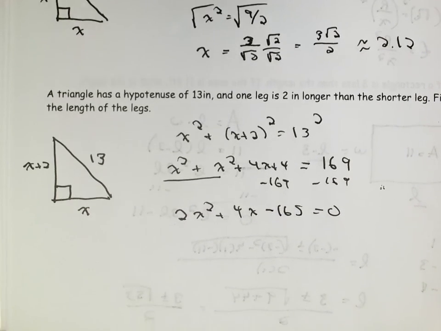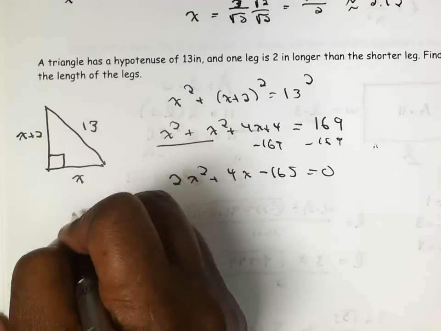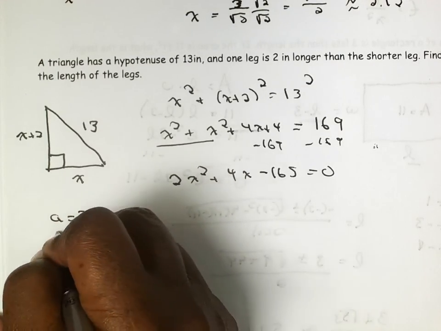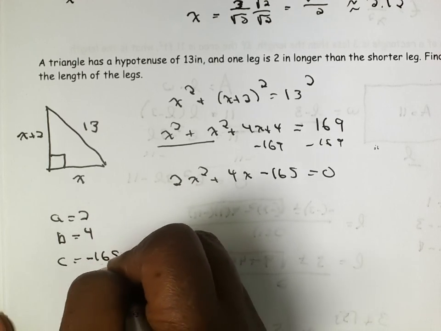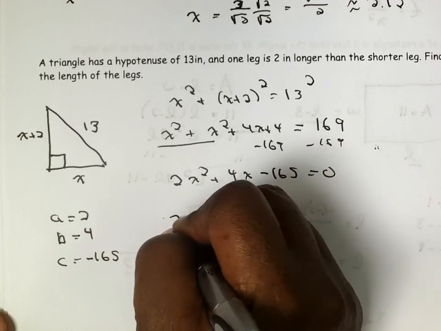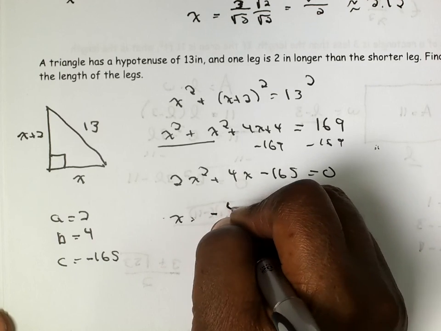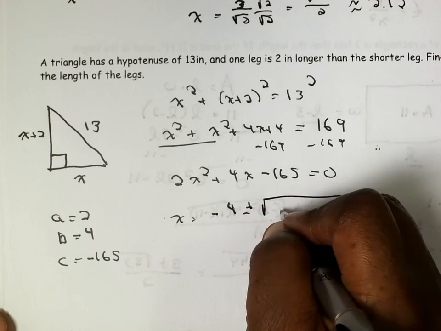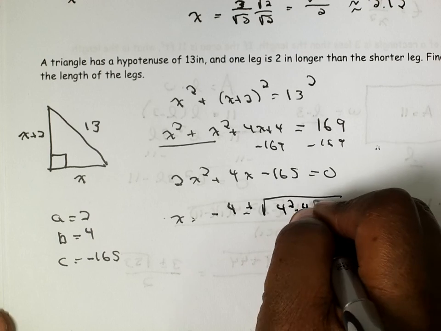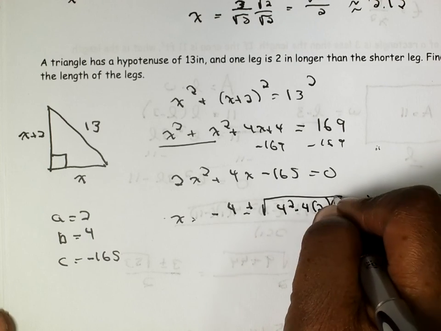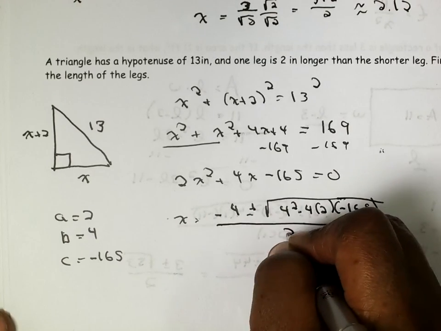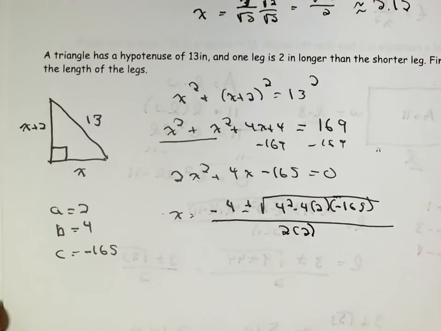I have no idea if that would be factorable. I'm not even going to try. I'm going to use the quadratic formula. So we get negative b plus or minus the square root of b squared minus 4 times 2, which is a, times negative 165, which is c, all over 2 times a, or 2 times 2.